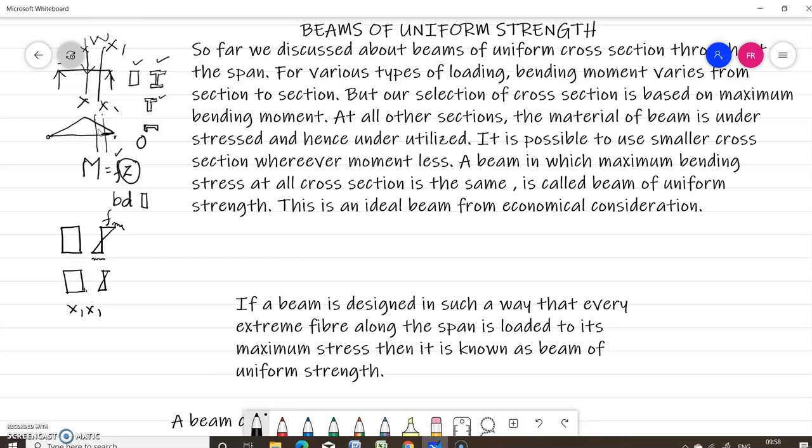So how can you ensure the maximum utilization of the fibers? We can change the value of Z in order to make M constant. M is proportional to Z because F is a constant value. How can you make this value of Z change? By changing B or D. By changing the breadth and depth, we can ensure that for the whole span of the beam, all the extreme fibers are loaded to their maximum stress.